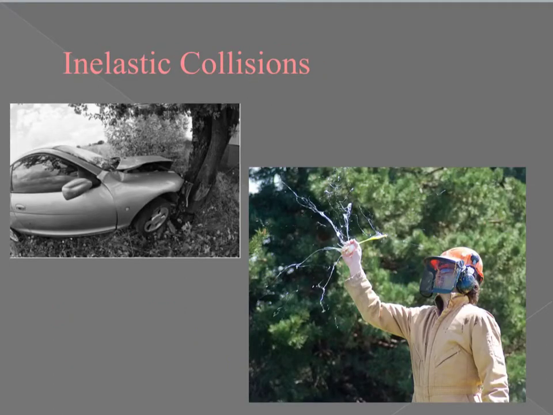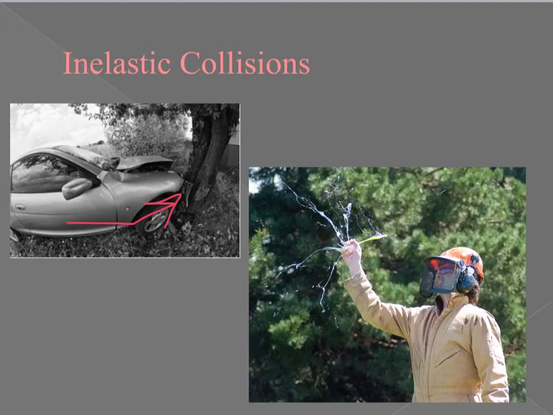So inelastic collisions: two things collide, they run into each other, and they bounce off of each other or something, they're bent out of shape, and then they keep moving. So example here, I have this car that has run into this tree, right? But we know they're not permanently stuck together.